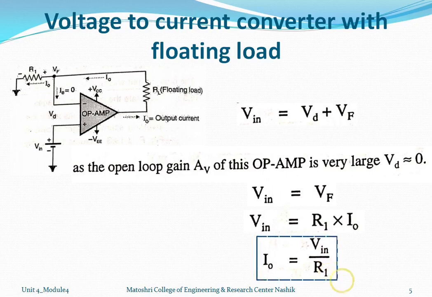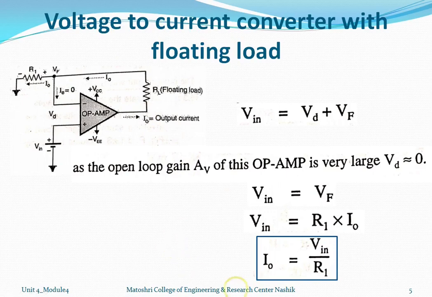This equation indicates that the input voltage Vin is converted into a proportional output current I0, and in this way the input voltage is converted into the output current using this voltage to current converter with floating load.